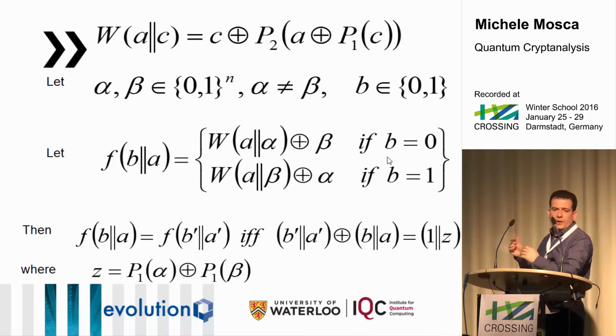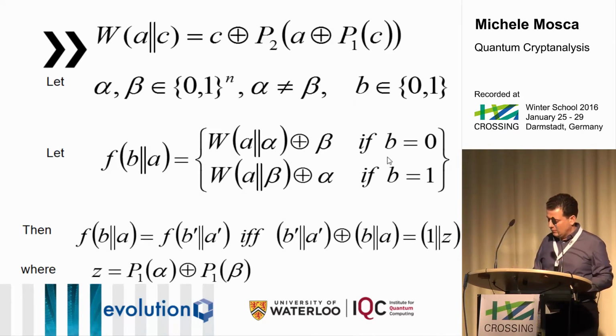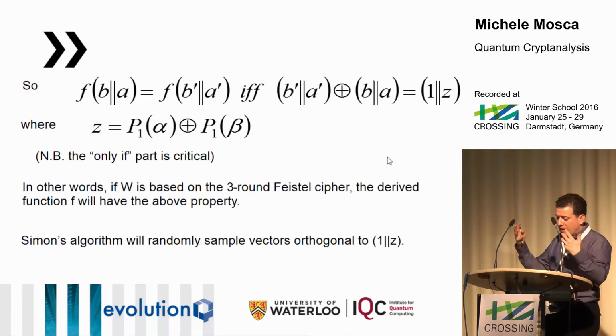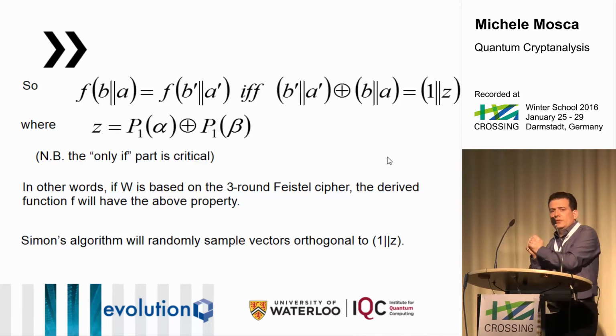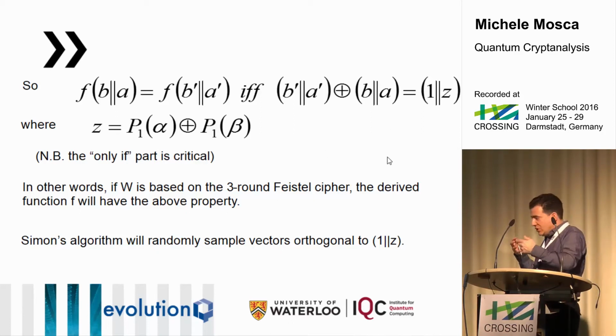And z is some string, which happens to be P1 at alpha XOR P1 at beta, but that doesn't matter so much. I mean, you need it for it to work. So it's if and only if. So they massaged it to satisfy the Simon property. So it's a 2-to-1 function where there's a very special periodic structure determining which 2 inputs get mapped to the same output.